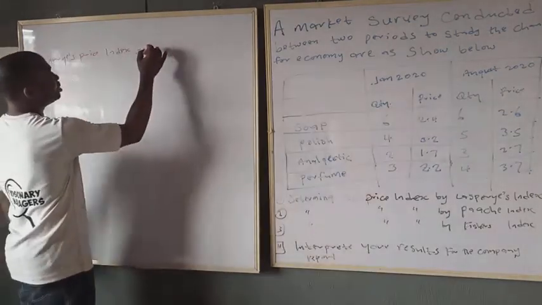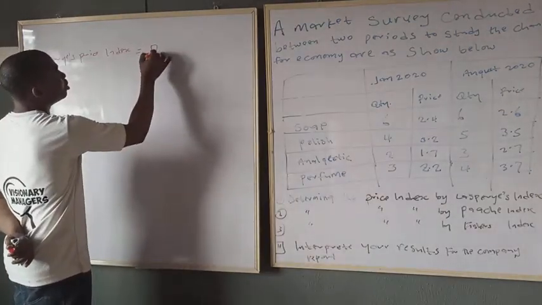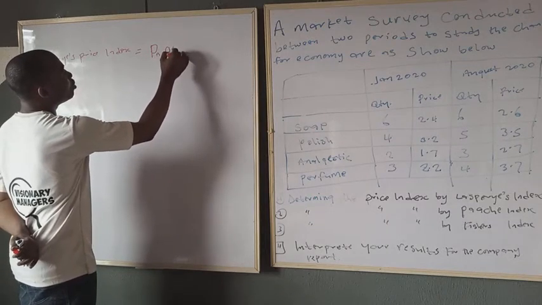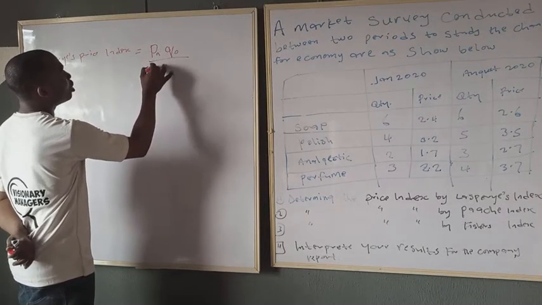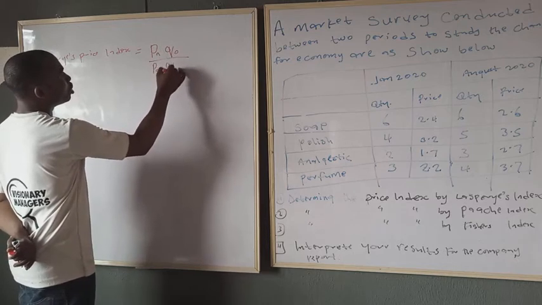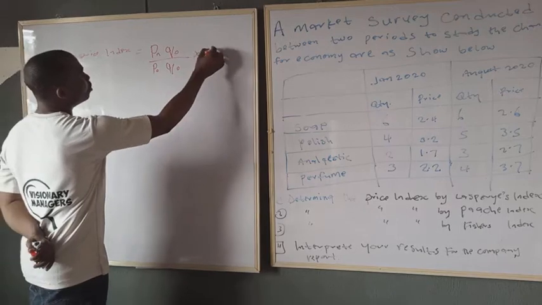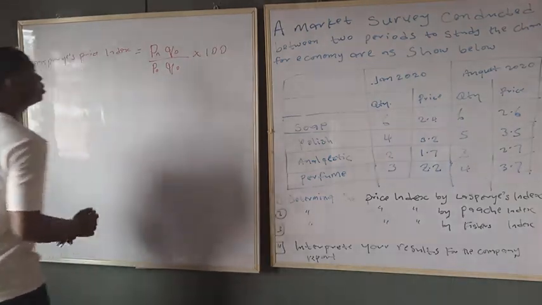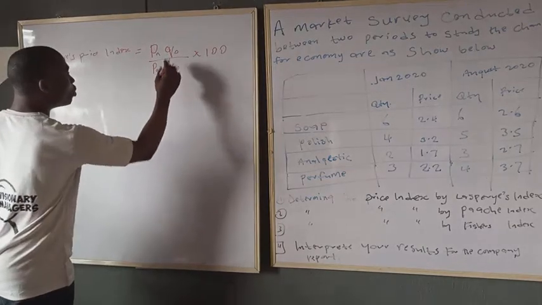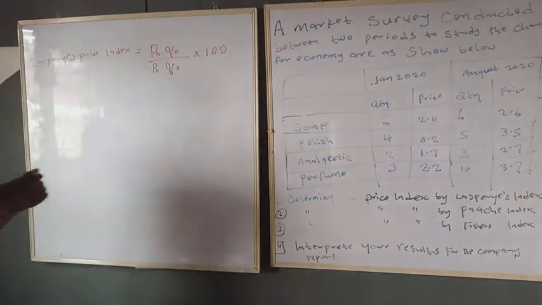So Laspeyres price index is Pn Qo over Po Qo times 100. I'm coming to explain how to know those formulas without crying.